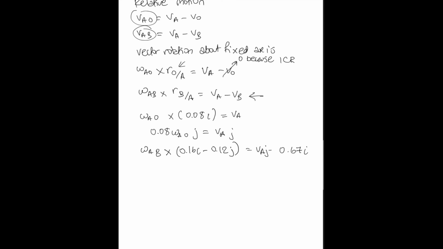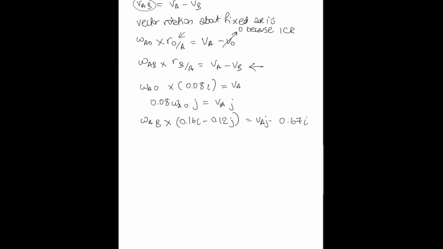We know that VA is in the J direction. So once we do the cross product here, we're going to get 0.12 omega AB in the I direction plus 0.16 omega AB in the J direction equal to VAJ minus 0.67I.